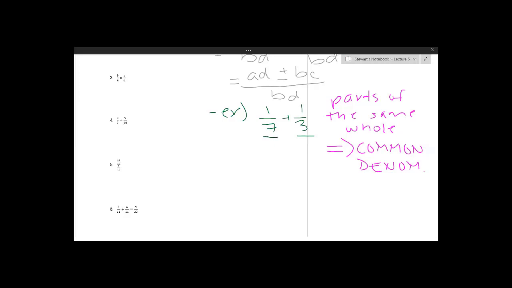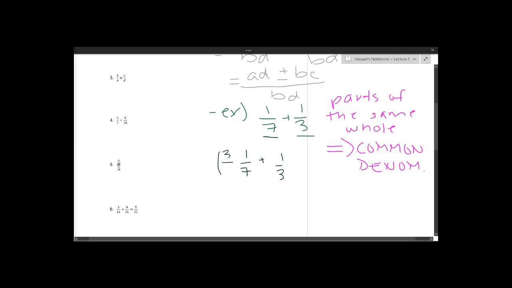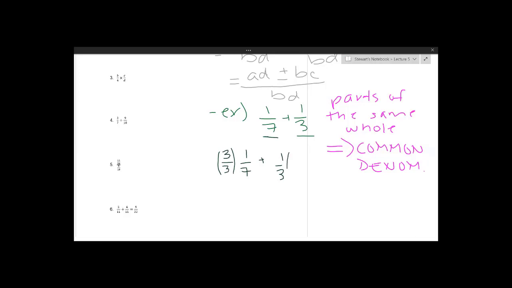So what we're going to do, I'll rewrite this down here just for more room. As we did up further, we're going to multiply this side by 3/3 and multiply this fraction by 7/7.